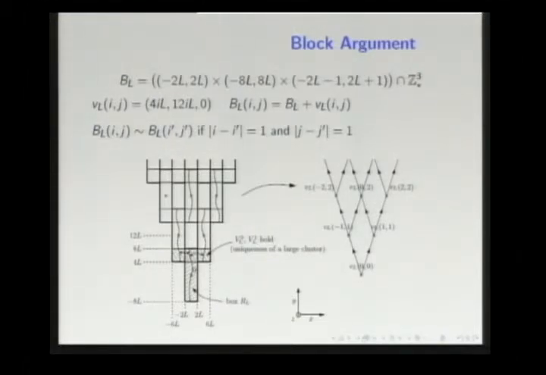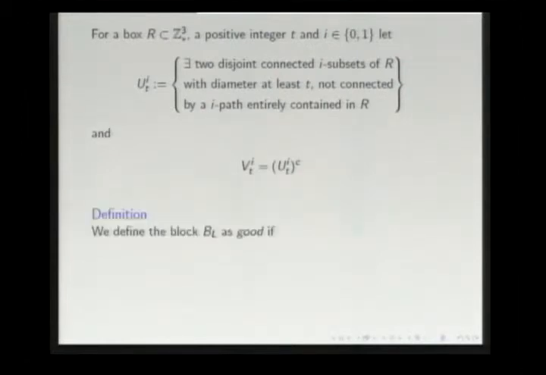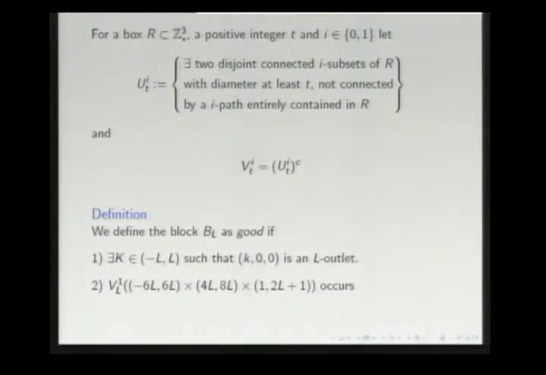Then I will define what it means for each block BL to be good. The box BL is good if there exists some K in this interval such that in the vertex K0L I have some L outlet.